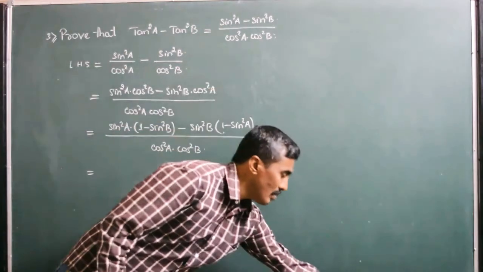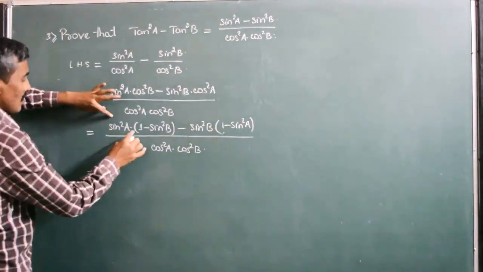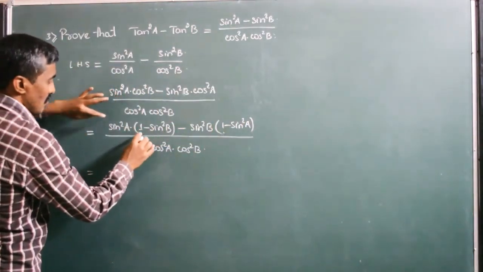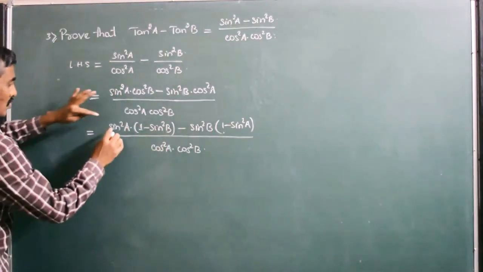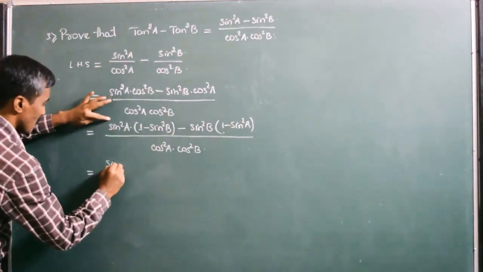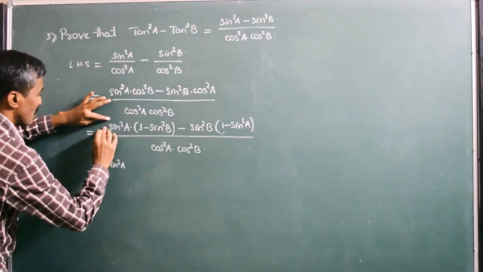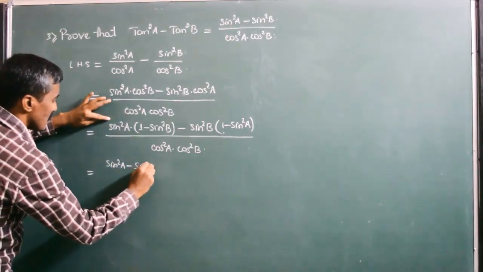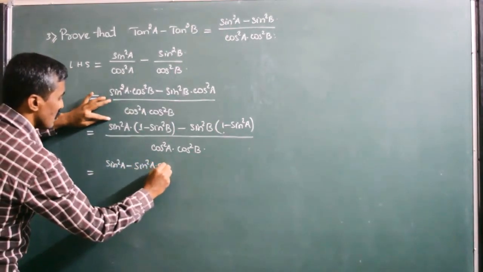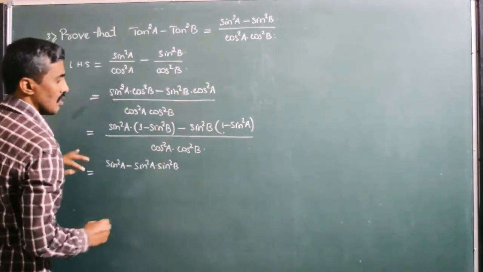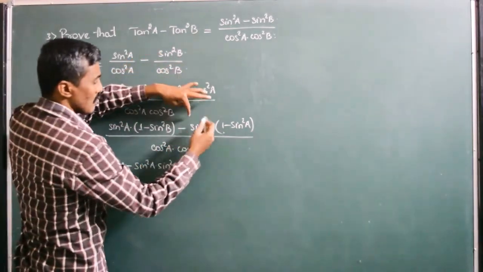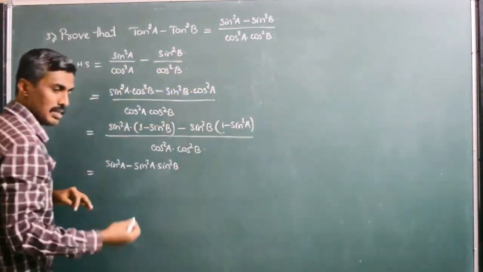Now multiply sin square A with 1 and sin square B. Sin square A into 1 is sin square A, plus sin square A into minus sin square B, that is minus sin square A into sin square B. Next multiply minus sin square B to the terms inside the bracket.